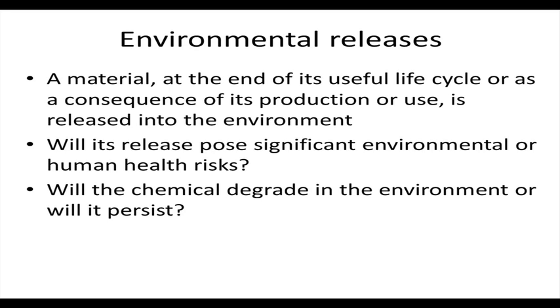So the material, at the end of its life cycle, either as a consequence of production or use, has chemicals associated with it that get released into the environment. The question is, will the release pose significant environmental or human health risk? If you remember the different impact categories we chose for the life cycle impact assessment, how do we decide whether there is a significant risk or no risk?